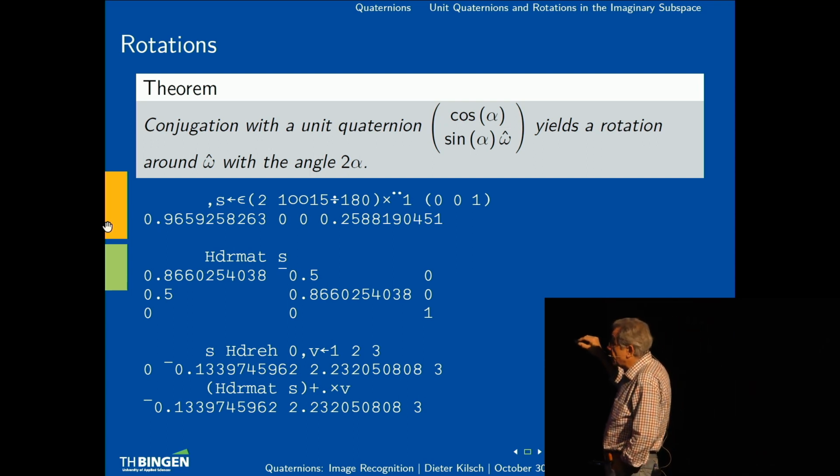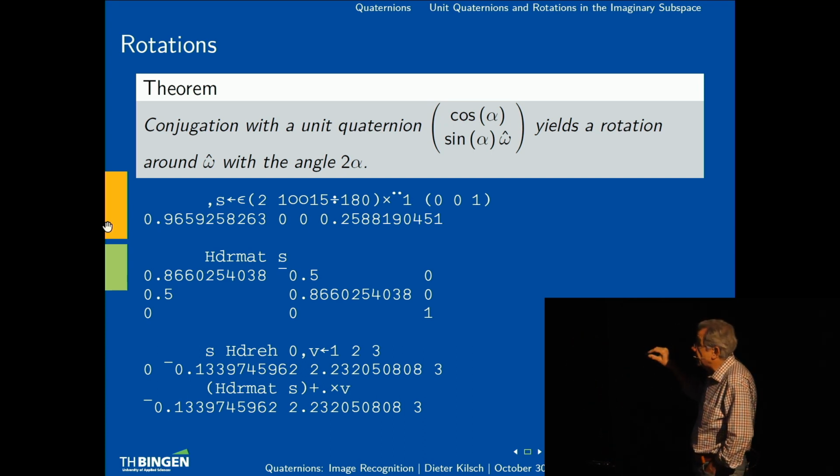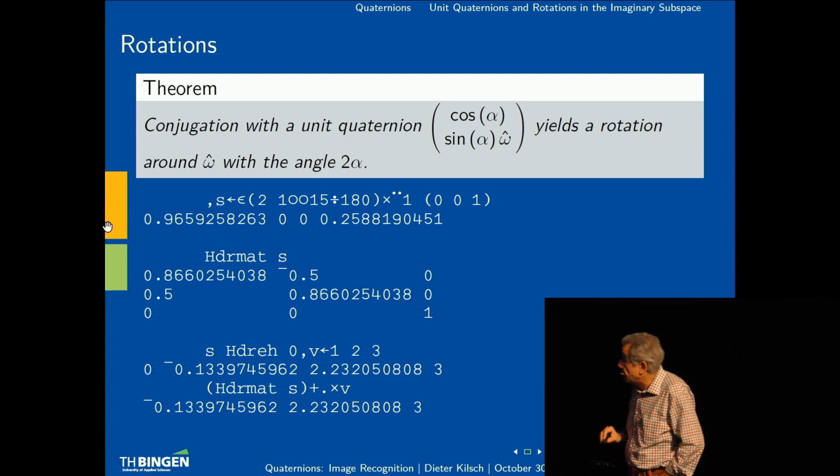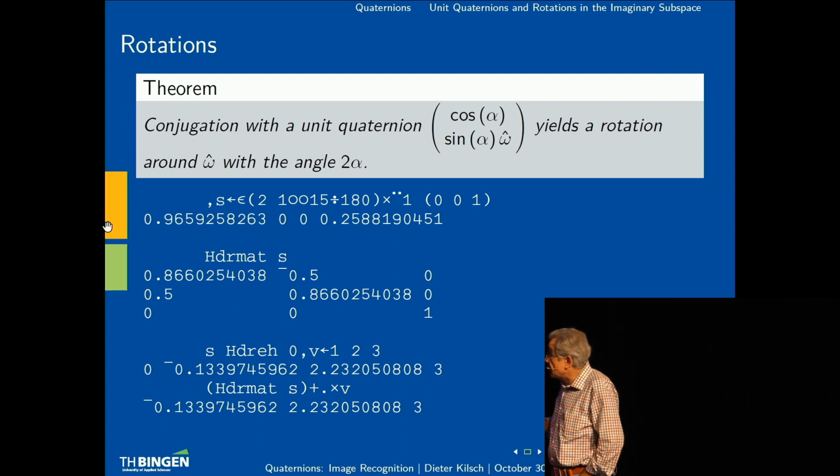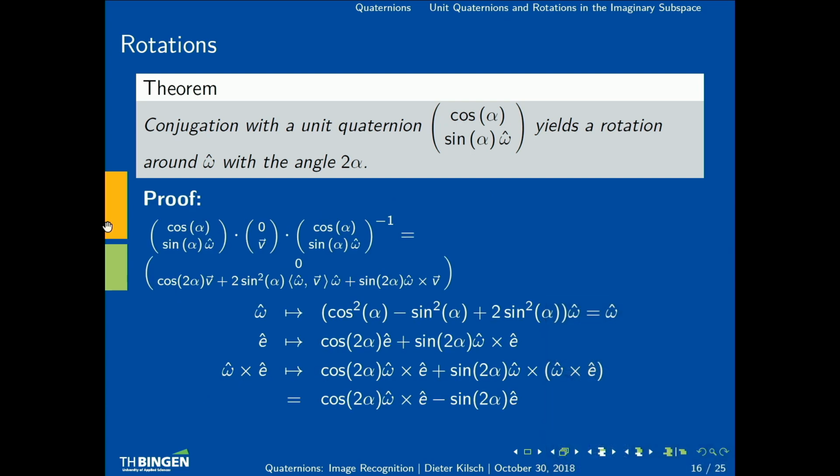And the other way is to calculate the rotational matrix and multiply it with the three-dimensional vector. I get the same result in the last 3 dimensions. So this is really just to check and see that it's the same. Now, I state the theorem that the conjugation with the quaternion is rotational about the axis omega dash, and the angle is 2 alpha, not alpha, but 2 alpha. And this was the result I got earlier.